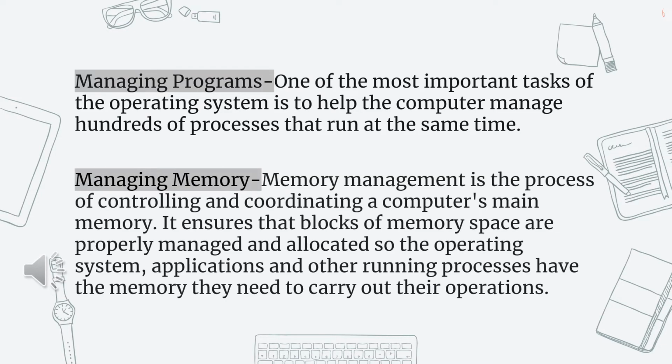Managing memory. Memory management is a process of controlling and coordinating a computer's main memory. It ensures that blocks of memory space are properly managed and allocated to the operating system, applications, and other running processes that need memory to carry out their operation.